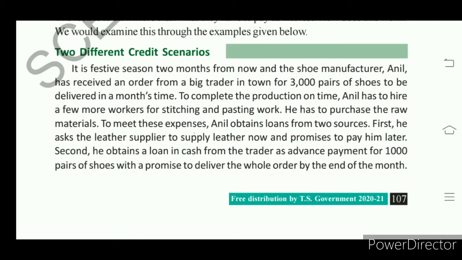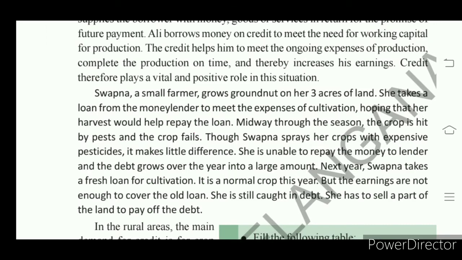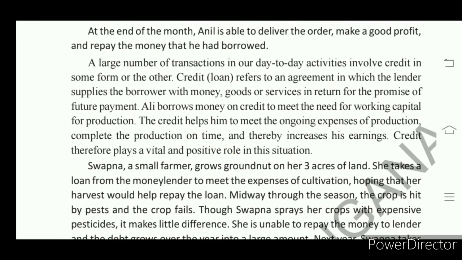So by the end of the month, Anil delivers the 3,000 pairs of shoes he promised to deliver to the big trader who is in town.